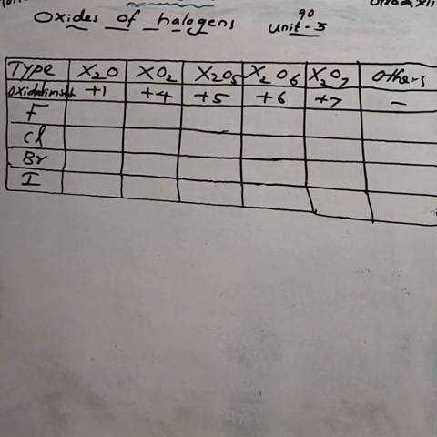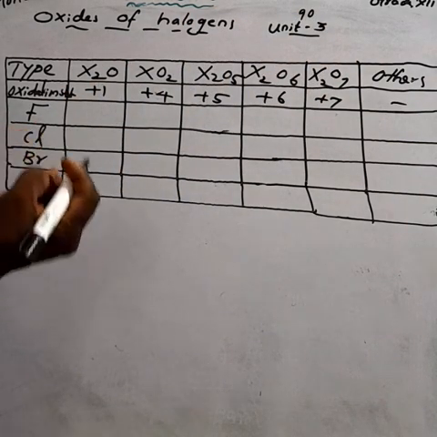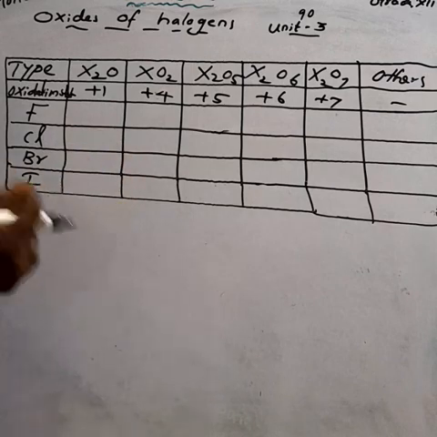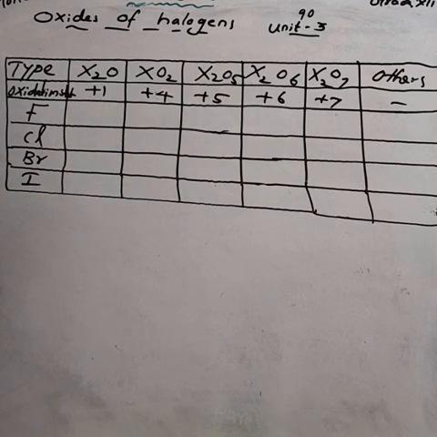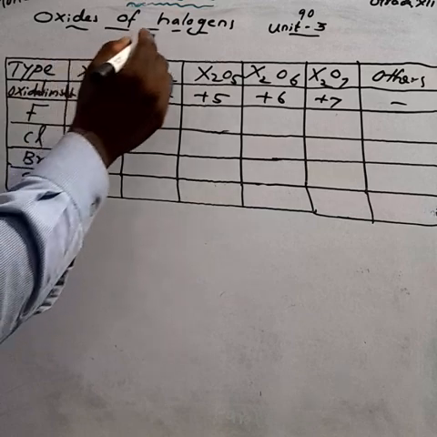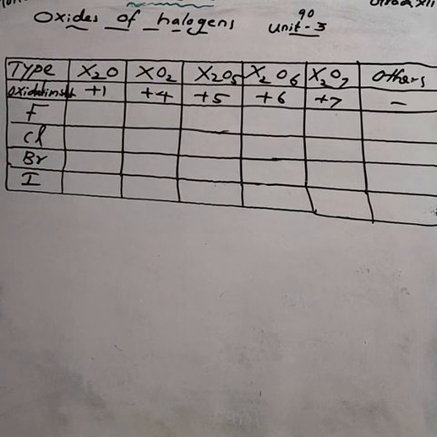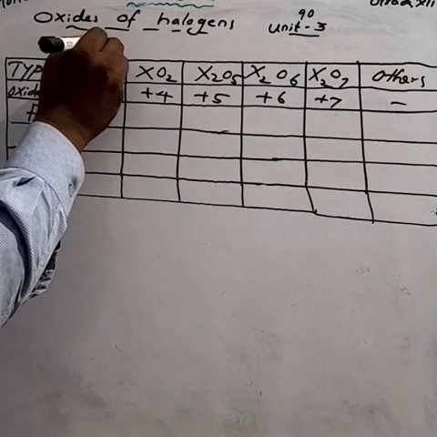What are halogens? Fluorine, chlorine, bromine, iodine, these are all halogens. Halo means salt. Gen means forming. So, salt forming, that is called a halogen.